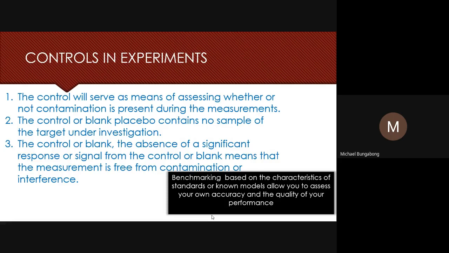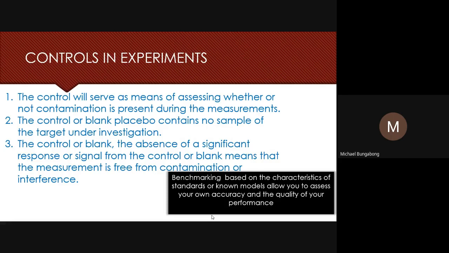The control, class, will serve as a means of assessing whether or not contamination is present during the measurement. No, so we don't want any contamination to ruin our experiment. So we want to make sure all the materials that we need are in there and clean and sanitized just to make sure that there are no other chemicals na hahalo dyan. Okay?